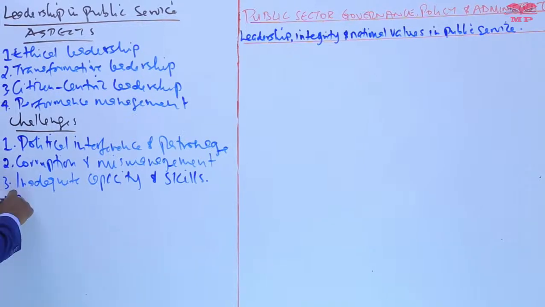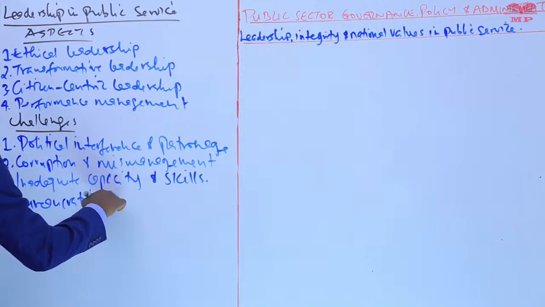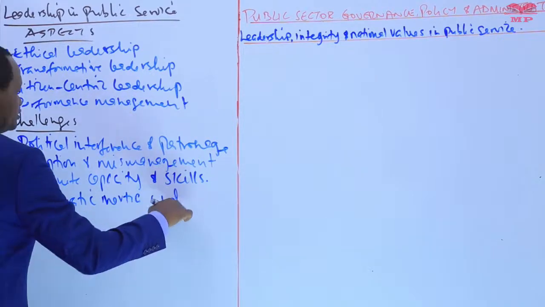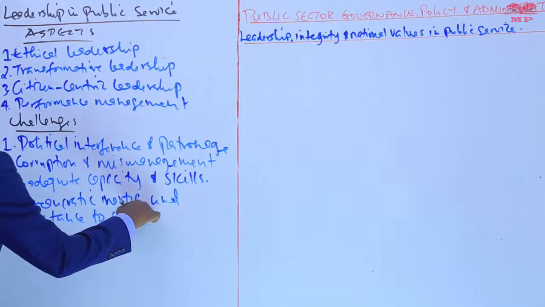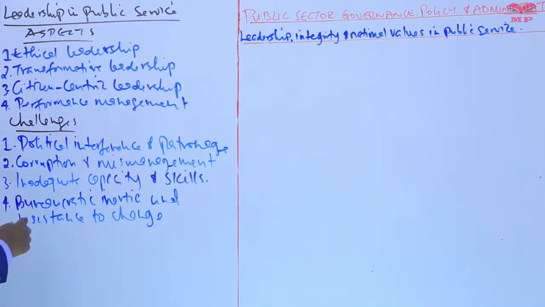Number 4, bureaucratic inertia and resistance to change. Bureaucratic inertia and resistance to change is another challenge in the public service leadership.